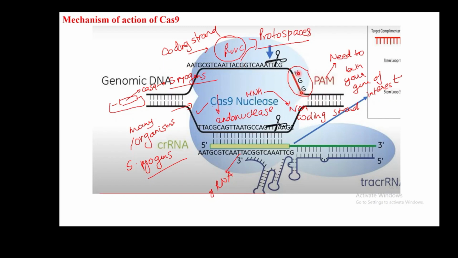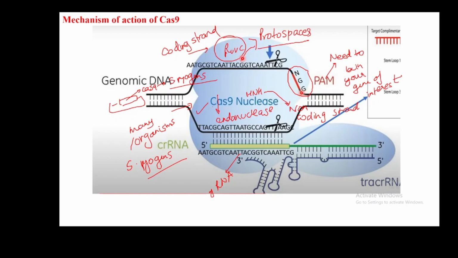But again, this is just true for Cas9. It is not true for all other Cas enzymes, which we will discuss in future videos. But in the case of Cas9, and specifically the Cas9 which you are isolating from Streptococcus pyogenes, it is necessary that it should have an NGG sequence in your gene of interest.